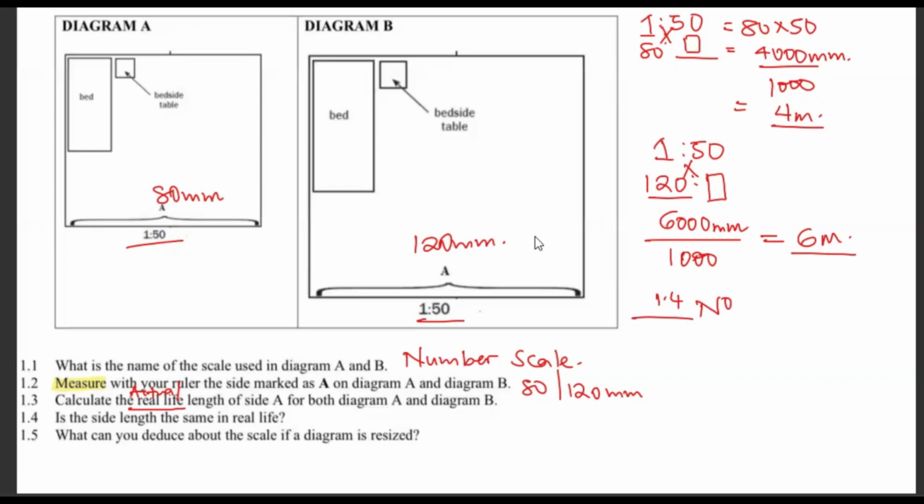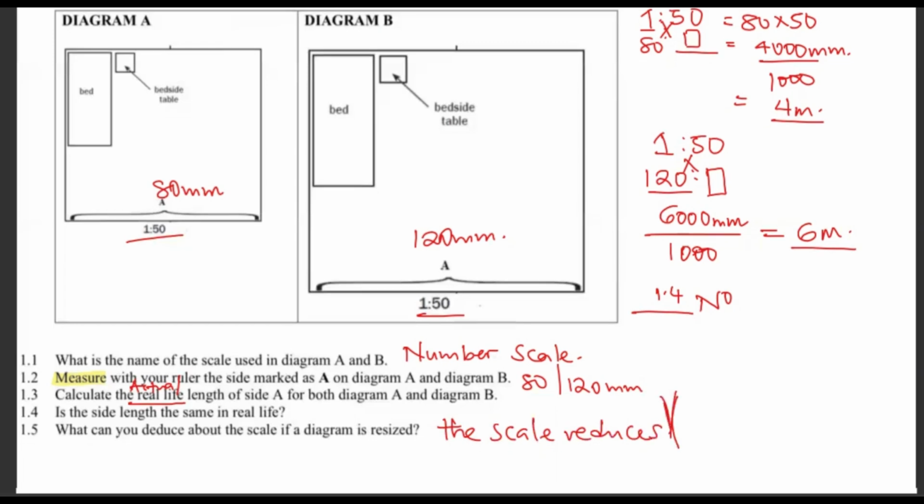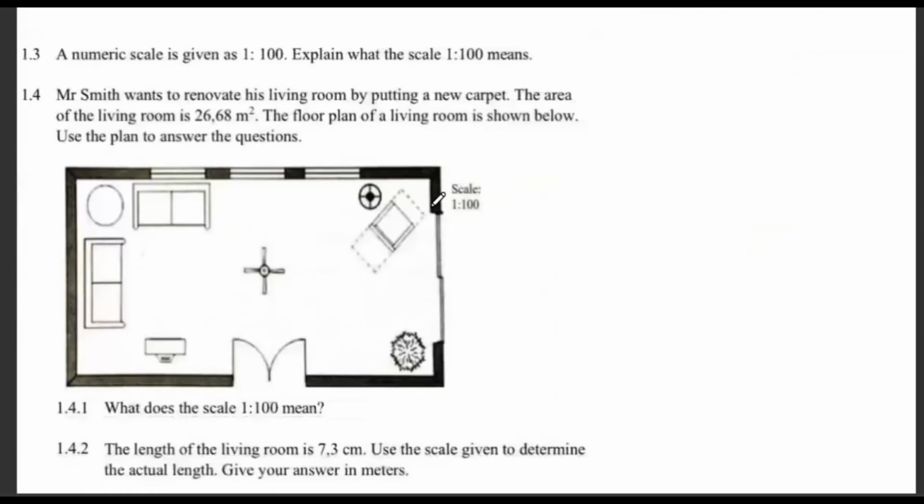What could you deduce about the scale if the diagram is resized? We'd say the scale reduces. And the numeric scale is given as 1:100.